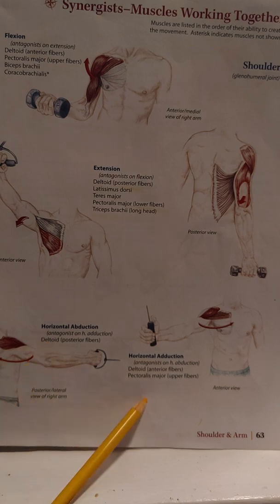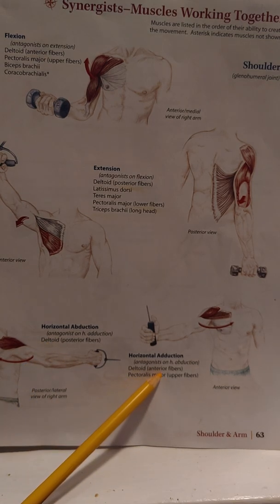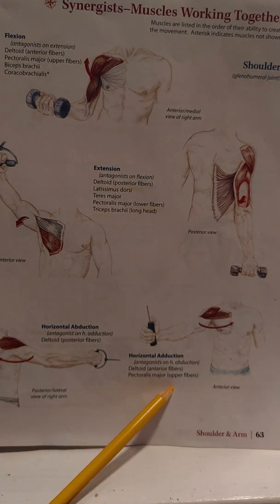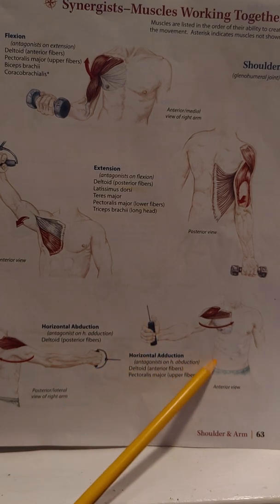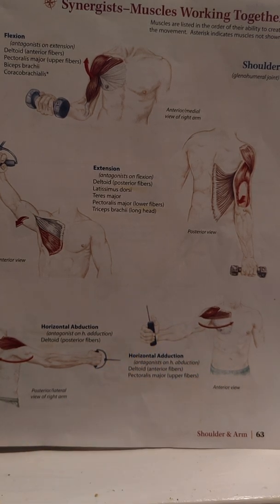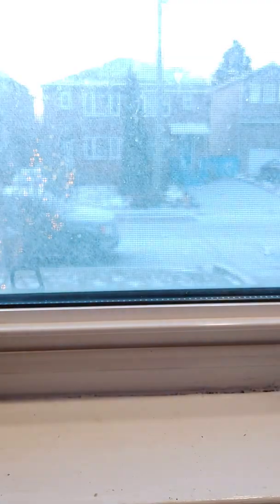Okay, pectoralis major, upper fibers will be helping with the horizontal adduction. Okay. And we're moving on to page 64.